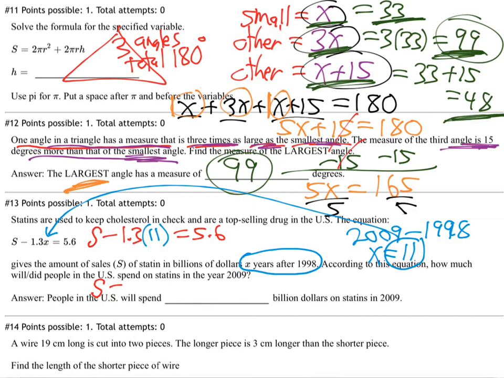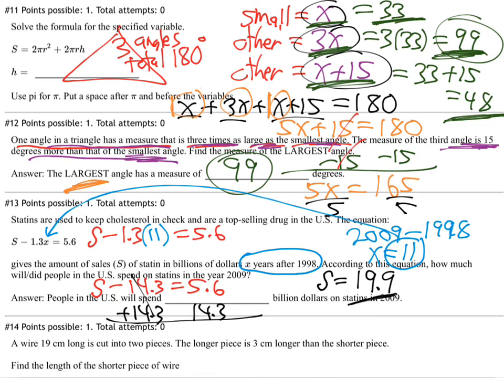I'm getting 14.3 equals 5.6. And so how do we finish solving for s? Add the 14.3. So s equals 19.9. That's billions of dollars. Wow. It's a lot of money. There it is.